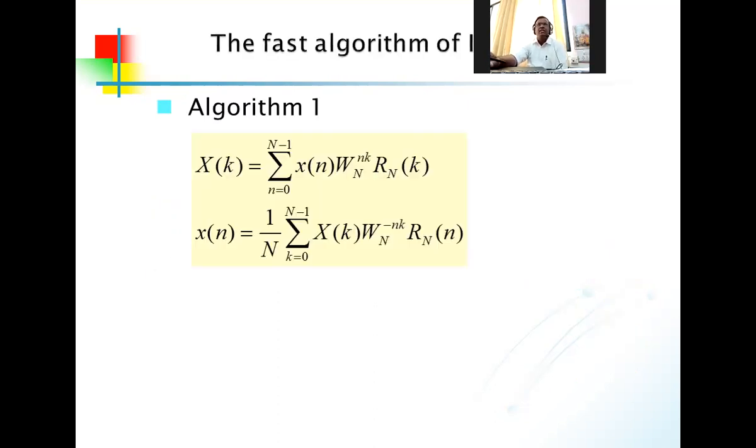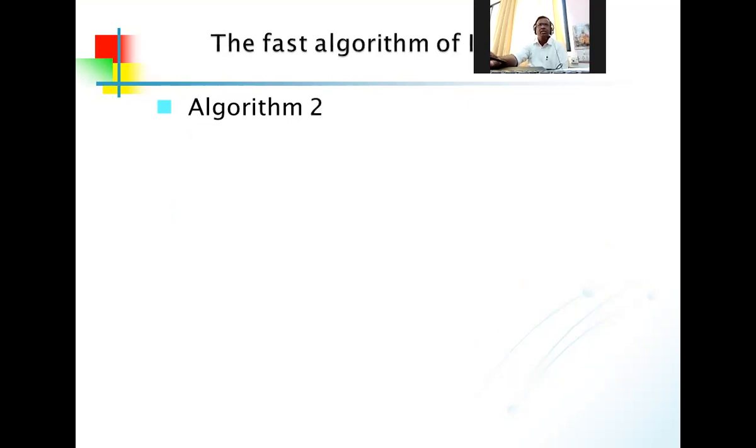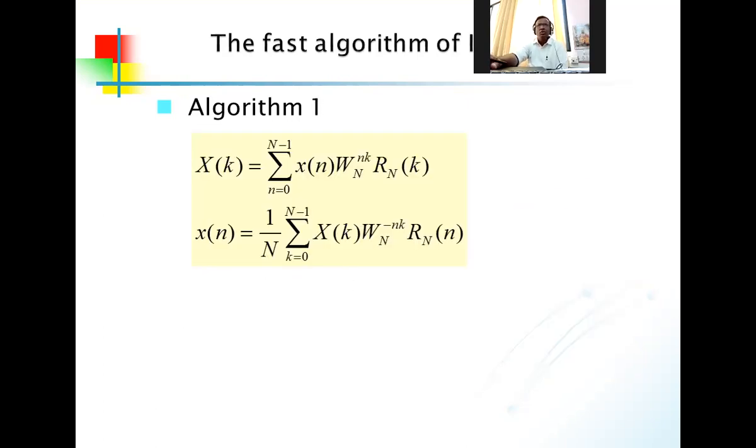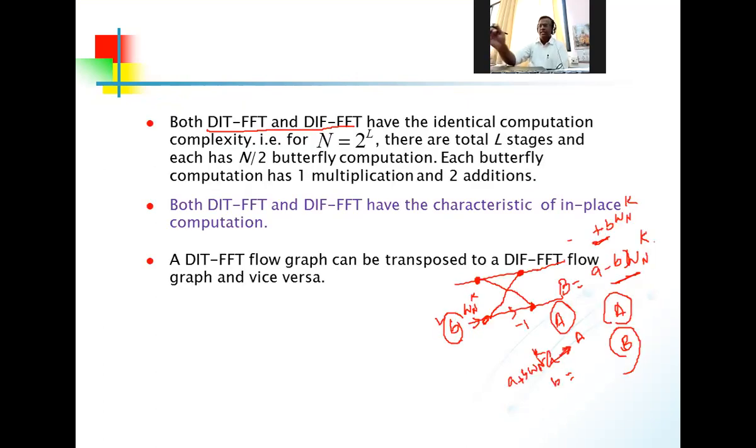So this is the main part on the DIF-FFT algorithm, and we understood the difference from the DIT-FFT algorithm.